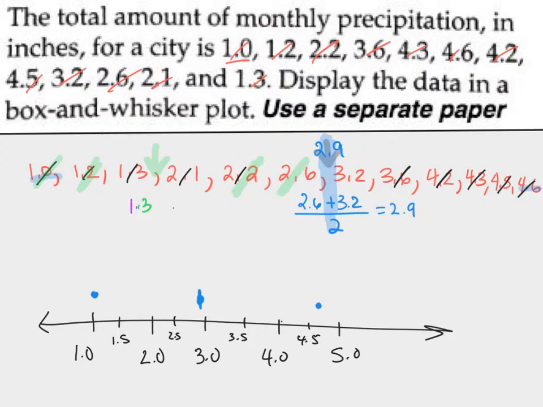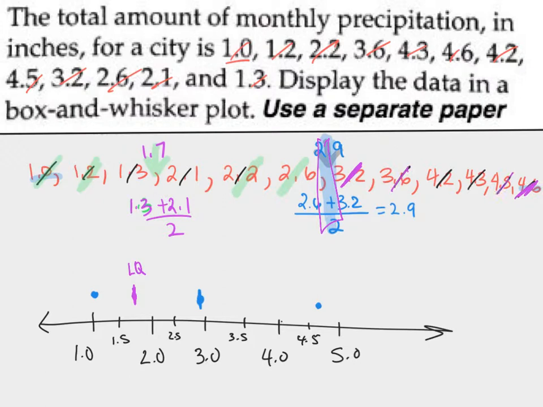So I'm going to say 1.3 plus 2.1 divided by 2. And remember, the reason we're doing this is because we have two numbers, and the middle of them is 1.7. So the lower quartile is 1.7. If this is 1.5, 1.7 is just a little bit above. That's the lower quartile.